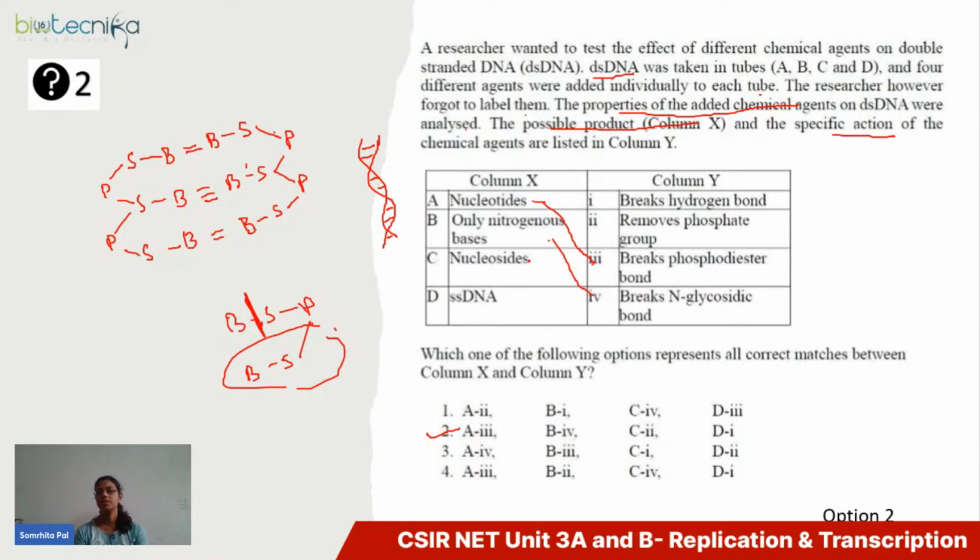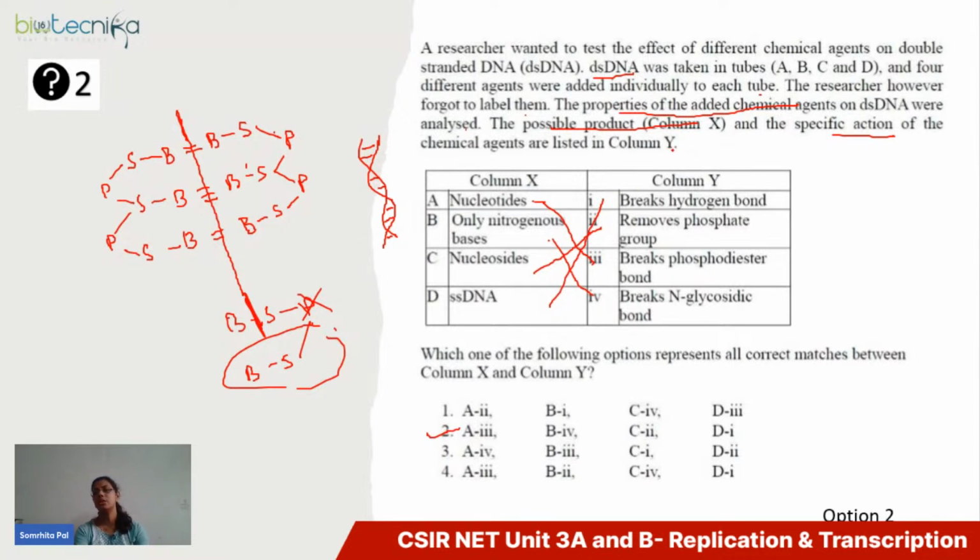Nucleosides, if you want to get, nucleoside means only the base and the sugar, right? So that means you have to remove the phosphate from here. So nucleosides means C with 2. And single stranded DNA, if you want to get, that means you have to break all these hydrogen bonds. Very good, all of you.